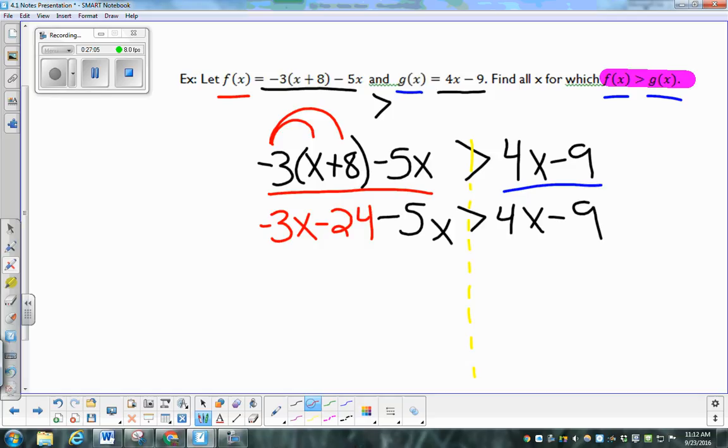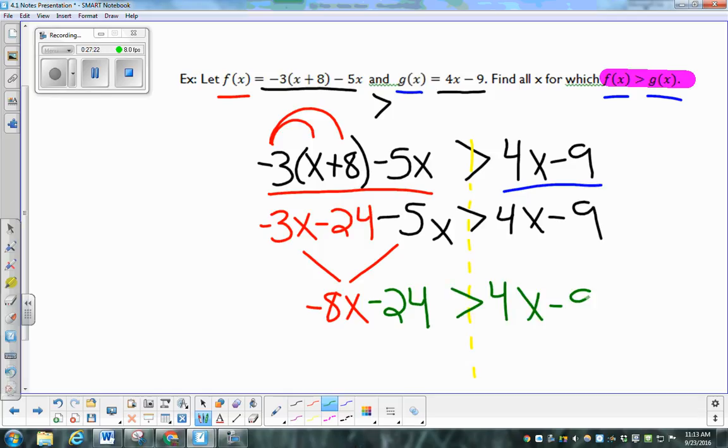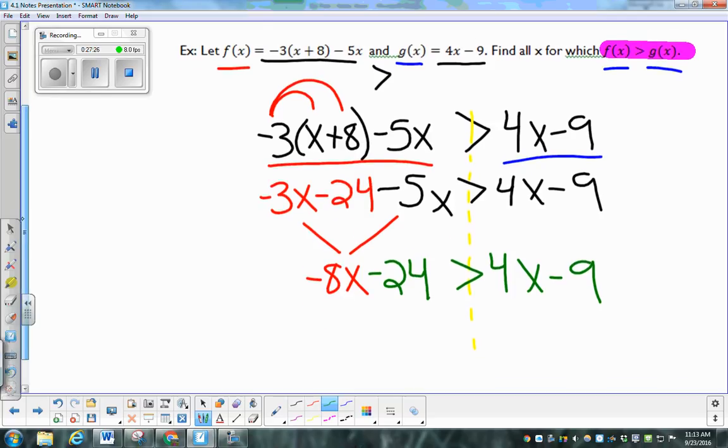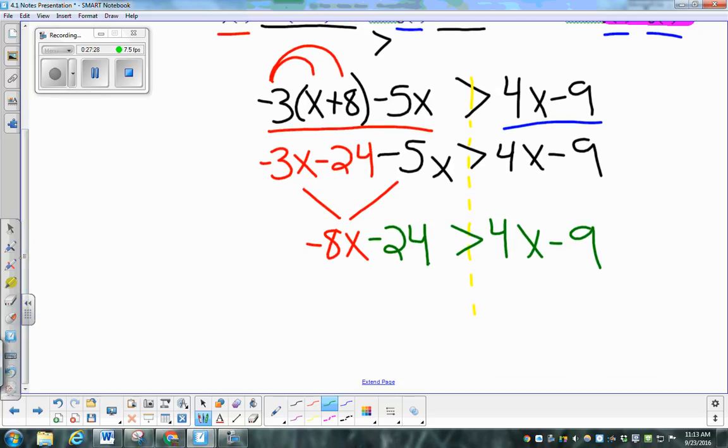Now we can combine some like terms on one side of that fence or that line. We can combine negative 3x minus 5x. That's negative 8x. And then we have minus 24 is greater than 4x minus 9. I'm not flipping my inequality symbol because I haven't even done anything to both sides yet. All I do is combine my like terms.